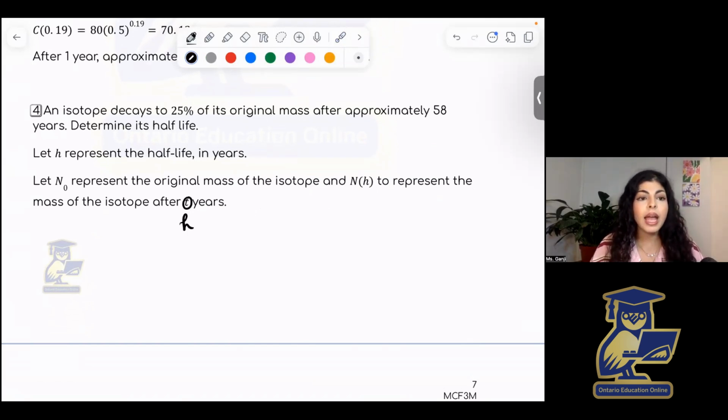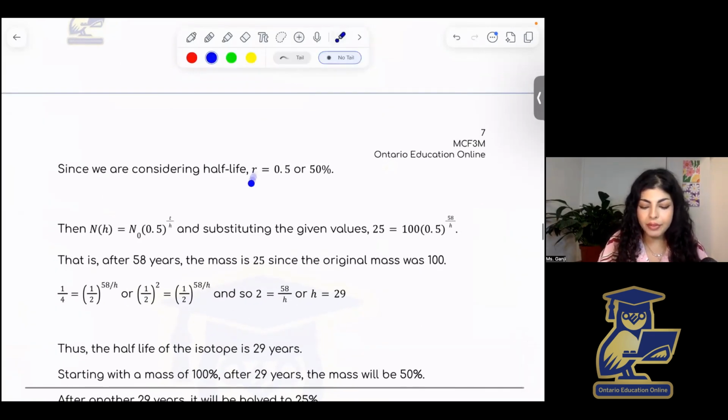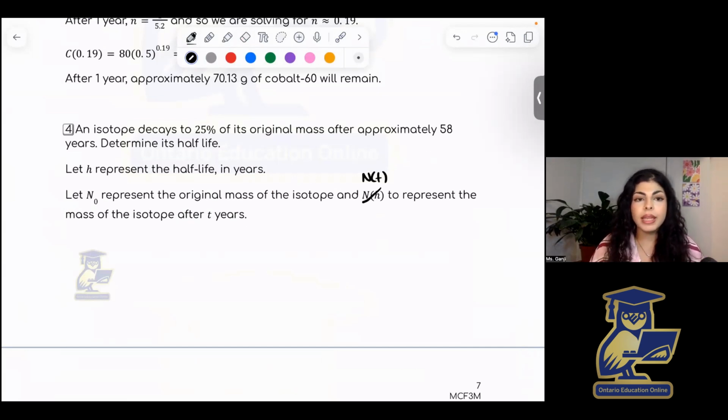H years. And so because we are considering half-life, then we want... sorry, actually correction here. This one is T. It's this one that I need to change, because H being the half-life is what we're trying to find, but if we know the half-life, then that's our known value.